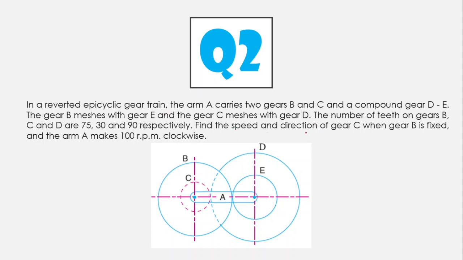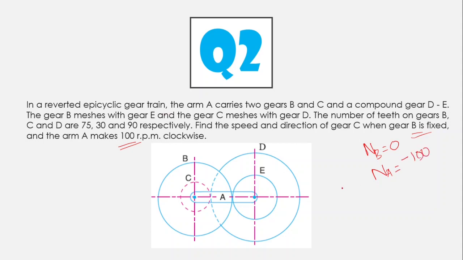Find the speed and direction of gear C when gear B is fixed and the arm makes 100 rpm clockwise. Here the given condition is NB must be equal to 0 and NA is equal to negative 100.